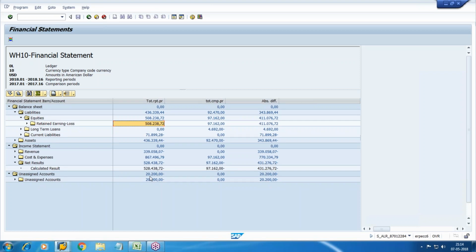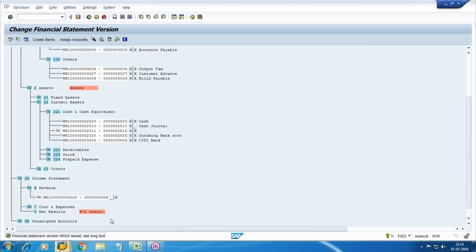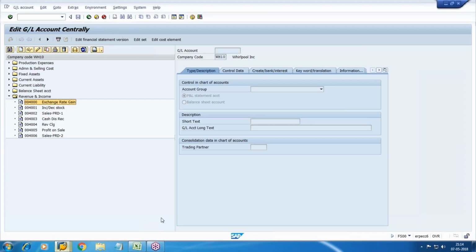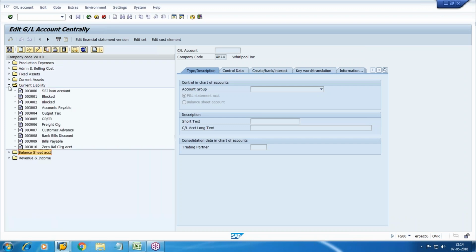Some difference is there. Why? Yeah, 20,000 some balance is there. Some account. It should be equally same. Yeah, due to these two blocked accounts, we need to adjust these two accounts somewhere. Where the block account we got it?